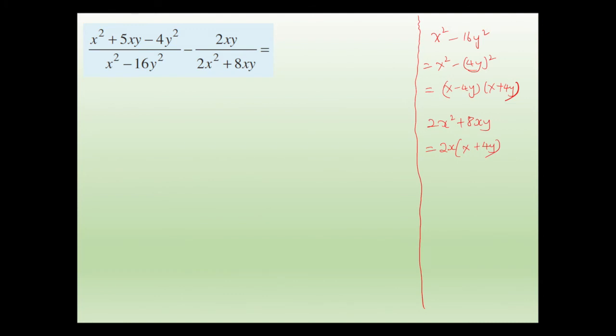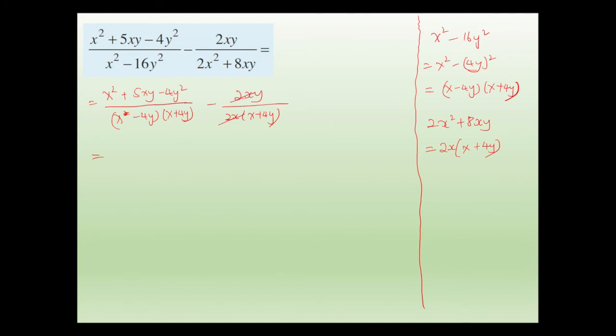So therefore, rewriting the whole algebraic expression, we now have (x squared plus 5xy minus 4y squared) over (x minus 4y)(x plus 4y), minus 2xy over 2x(x plus 4y). Right, so we can actually cancel the 2x.